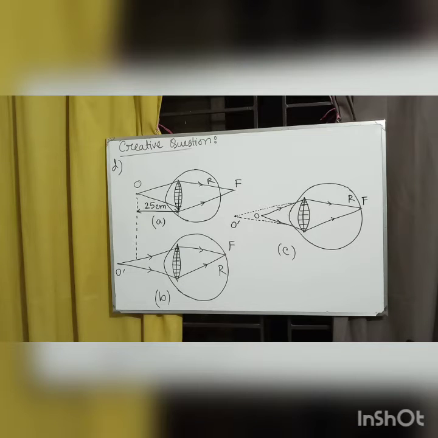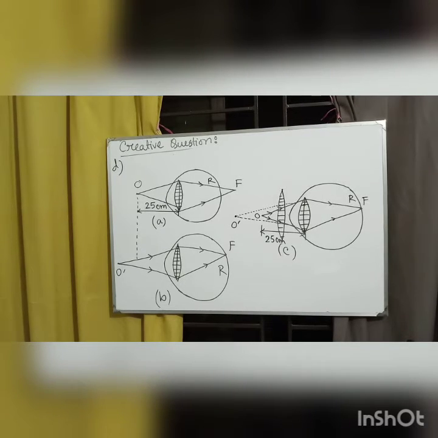In our stem, we see that our given lens is a convex lens. We know that for reducing hypermetropia we use a convex lens.